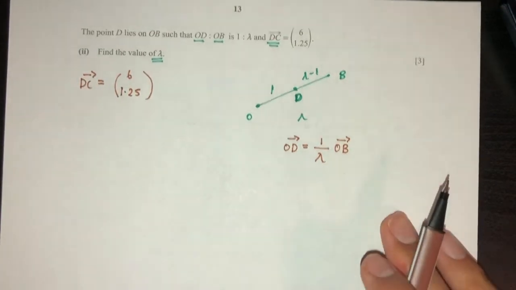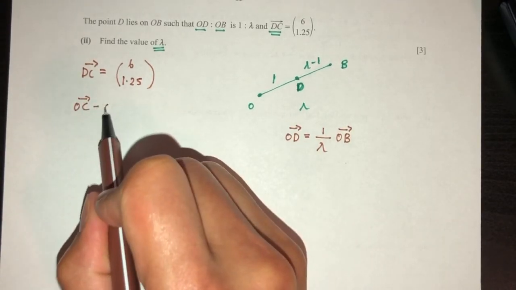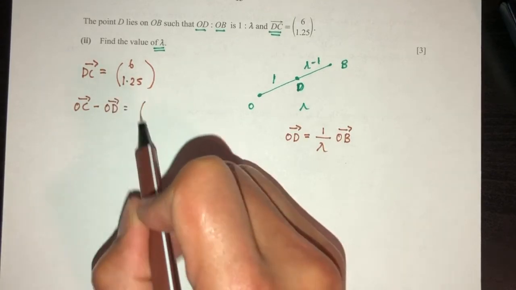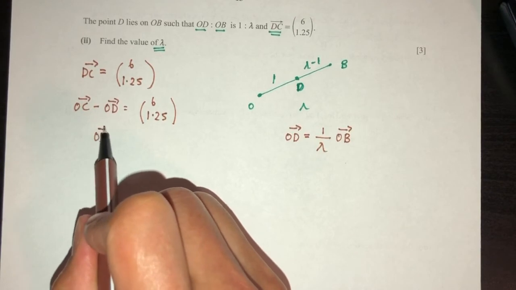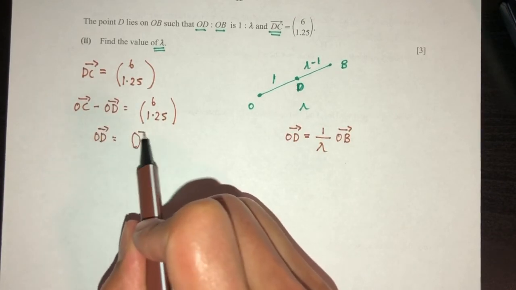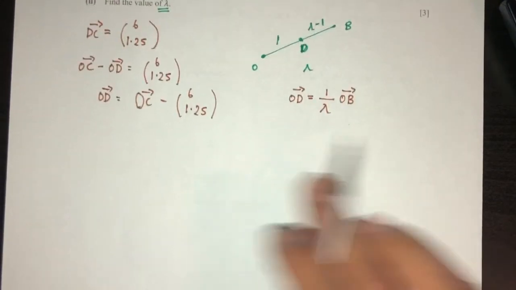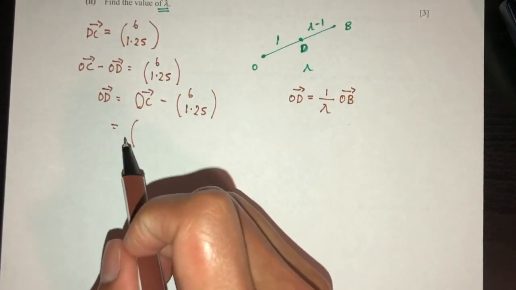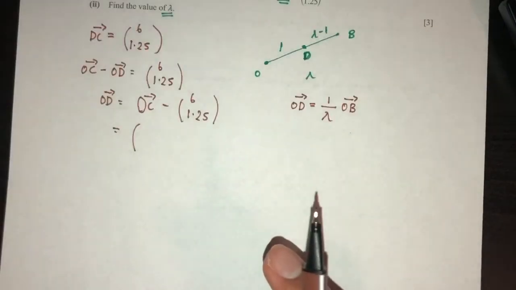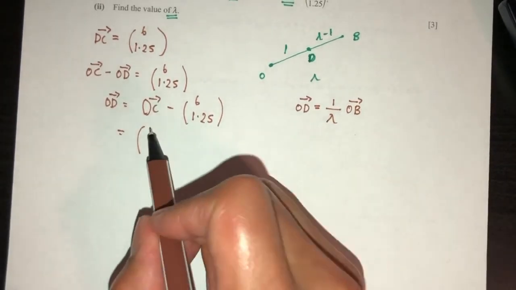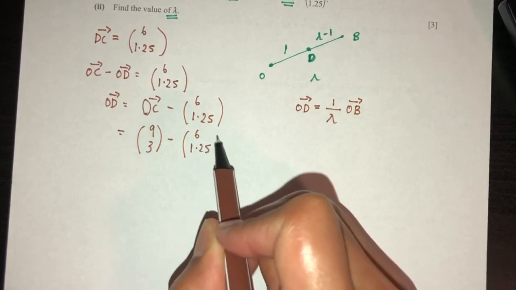Now what is DC? You would say DC is OC minus OD, which is (6, 1.25). Now to find OD, we have to make OC minus (6, 1.25). Now we find OC from the first part, as you have done here. So OC is given to you by this one, (9, 3), right? So replace (9, 3) minus (6, 1.25).